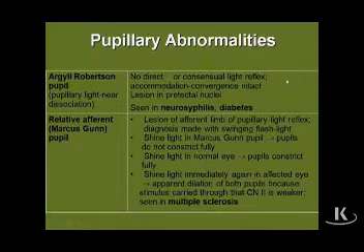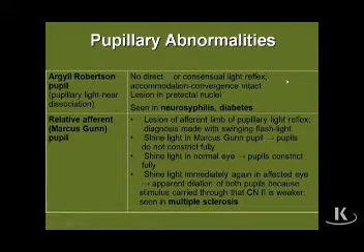But you can evaluate this patient by performing what's known as the swinging flashlight test. For example, when you shine light in the normal eye, basically all components of the light reflex will be intact and the pupils will constrict fully.